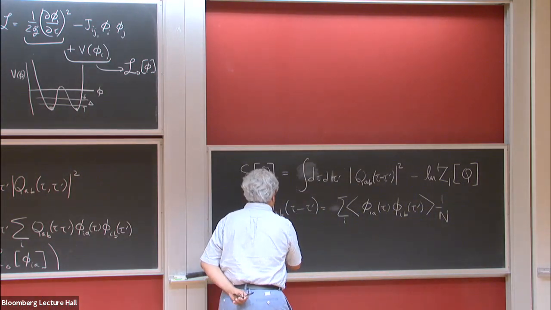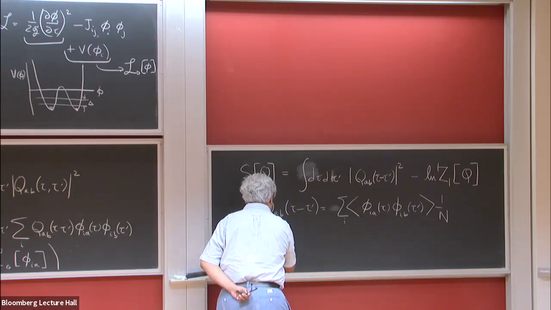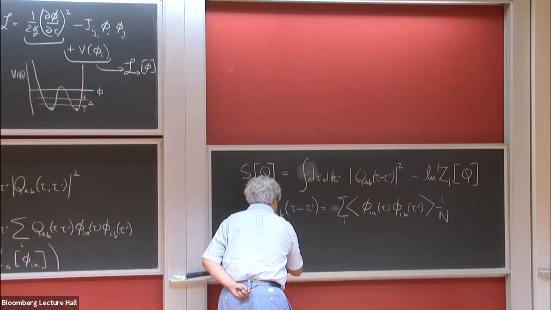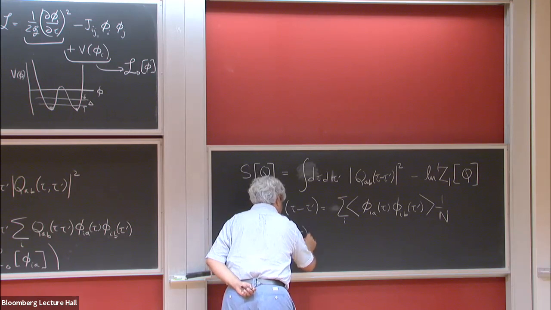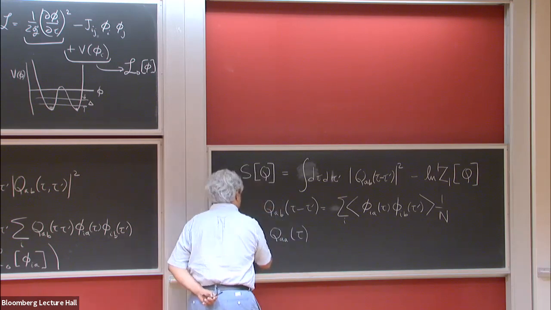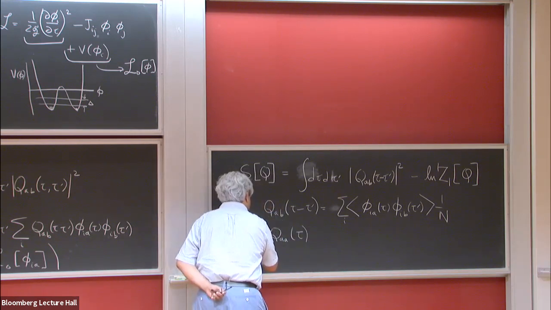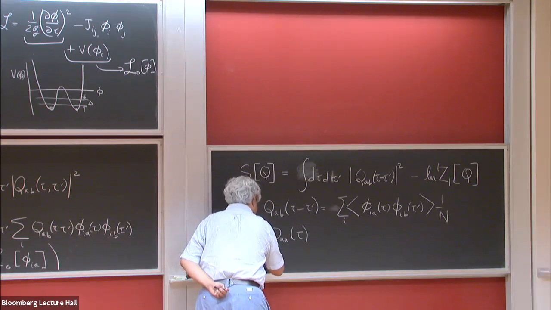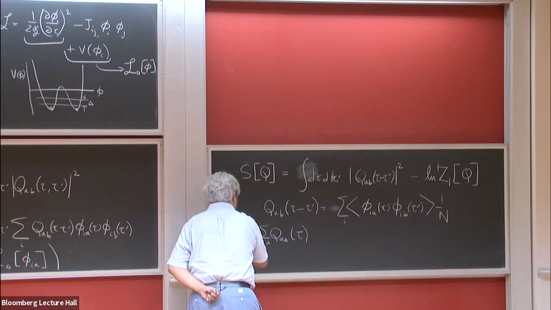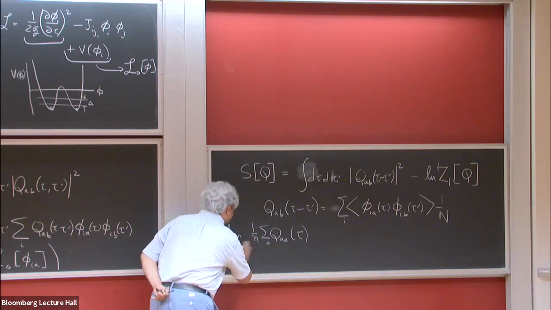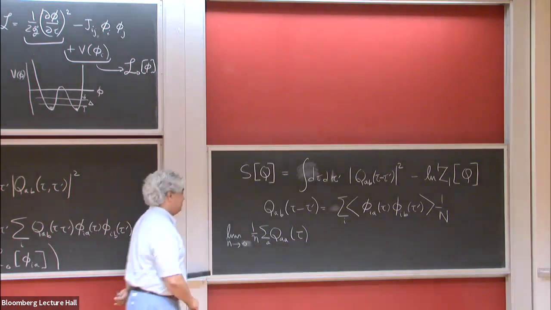So for example, I can look at what's called the replica diagonal correlation function, Q_AA of time. Typically you sum over A and you put a factor of 1 over n, in the limit n goes to 0. Sorry, not infinity, 0. This is little n.